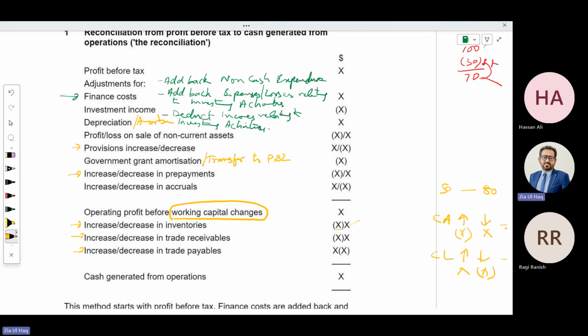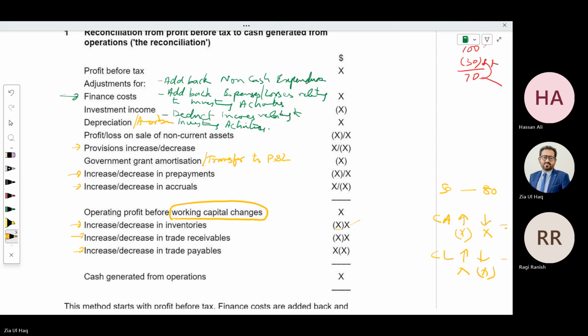increase or decrease in prepayments. What is prepayments? Prepaid expenditure, a current asset. Increase or decrease in accruals, accrued liability. Provision increase or decrease, liability. What is provision? Liability.